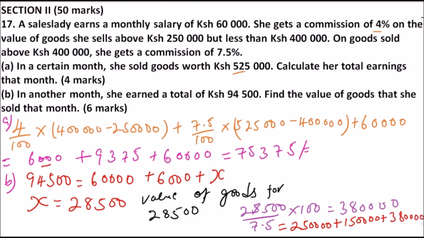When you add all this up, you should get Kenyan shillings 780,000. So that is the total sales that she made that month for her to earn 94,500. I hope you have followed that, and that's how you work out that question.